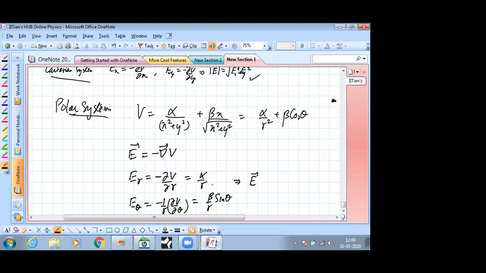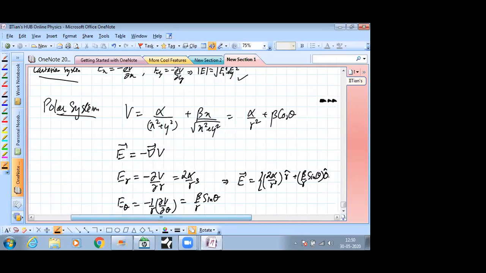Oh sorry, you're differentiating, this will be 2 alpha by r cube. So your field is 2 alpha by r cube r cap plus beta by r sin theta theta cap. That's all.